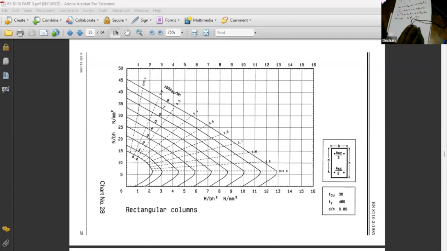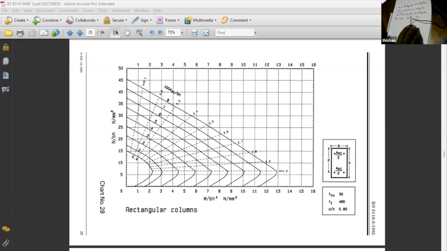So the moment you select a larger column, what will happen to M over BH squared? It will become pretty small, and it will be somewhere here. And the N over BH value also drops. So generally, we might be lying somewhere here. Right. But on the other hand, you can get a situation where you are somewhere here.